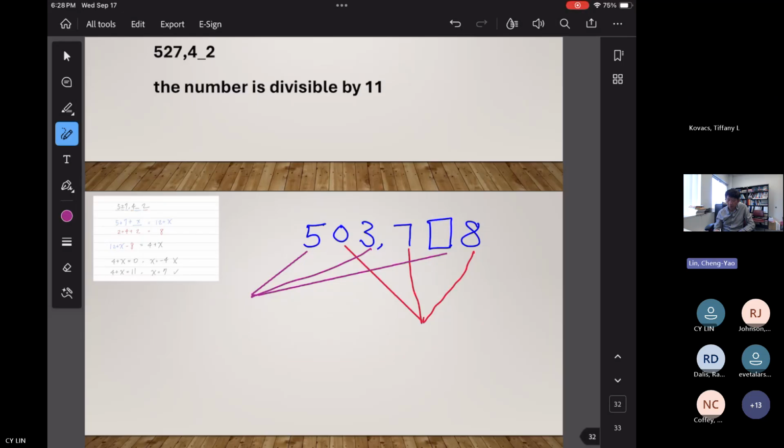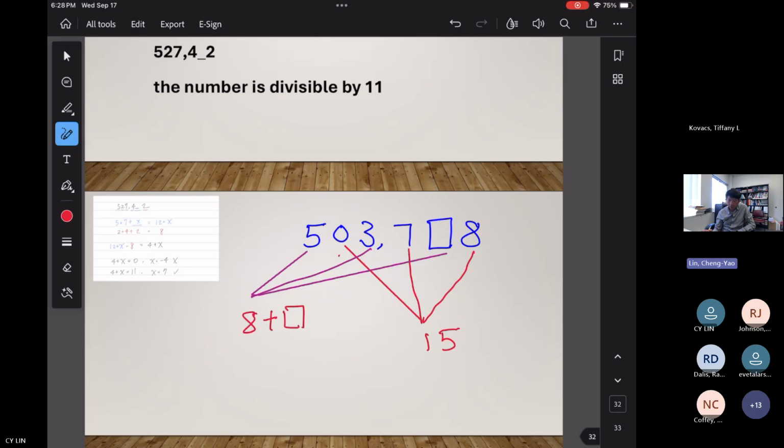Can anybody tell me 0 plus 7 plus 8 is equal to how many? 15. Very good. Then I have 5, 3, and a box, which is 8 and a box.